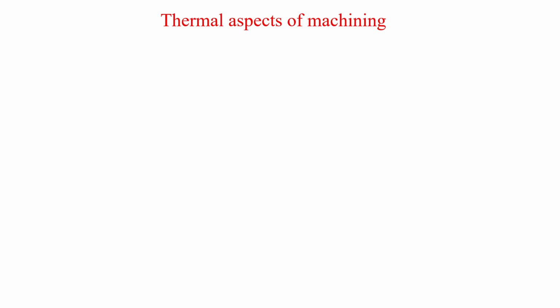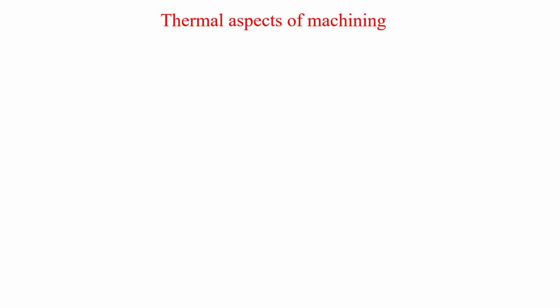Whenever friction comes into the picture, because of that friction there is an increase in temperature at the interface of the two materials. That increase in temperature of the workpiece, the tool, or the chip has to be studied in a very detailed manner, because it gives us different ideas about the process.